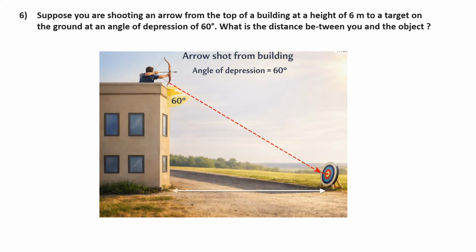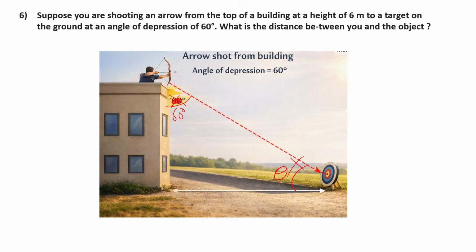Now, if you take this one as theta, and this one 60 degrees, you will be mistaken. Here you don't consider this 60 degrees actually. So this is the image generated by the most famous artificial intelligence.